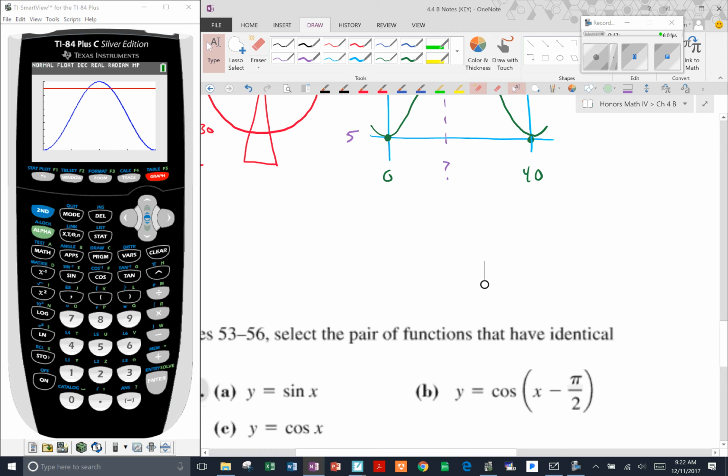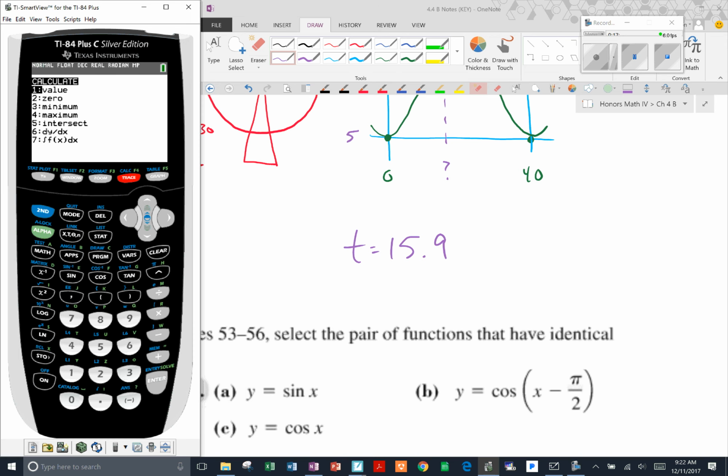Find the intersection between those two. What did you end up finding? 15.9. Just going to run through that real quick here. Second trace gets you to that calculate menu for the graph. We want to find intersection number 5. It'll ask you about the two curves. Am I on the first curve? Yep. Am I on the second curve? Yep. It even color codes it for you.